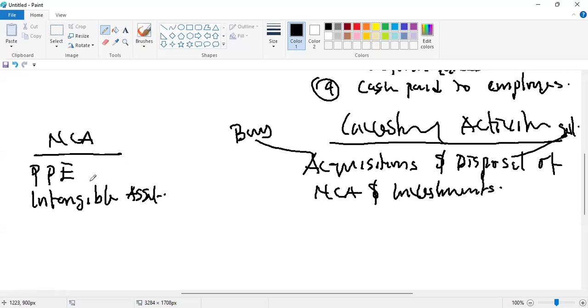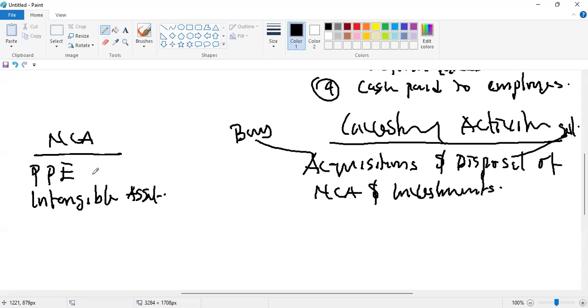If I ask you how many transactions will be in investing activities, who can tell us? Four.